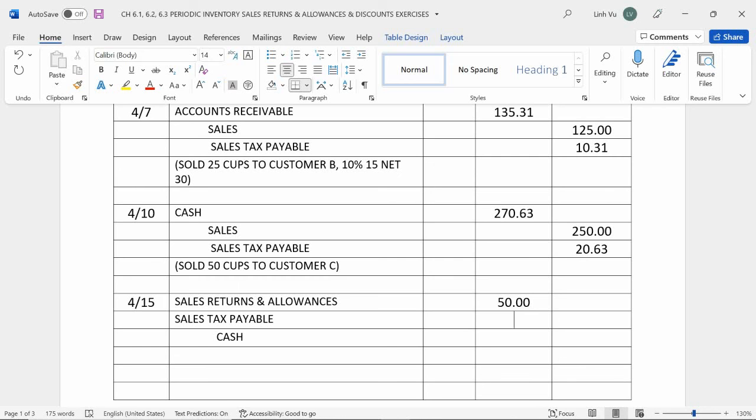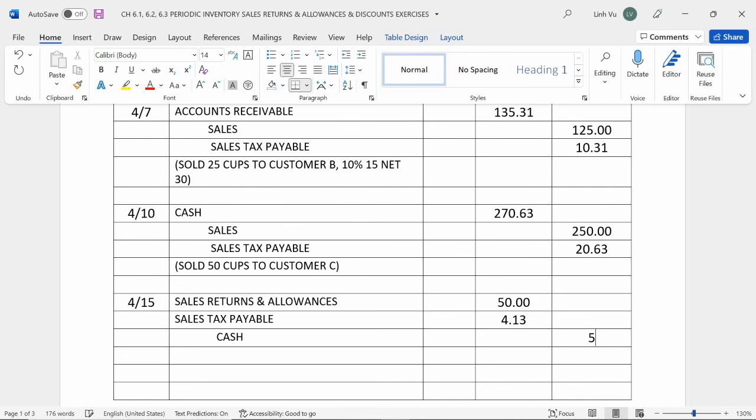Now, out of those $50, how much sales tax money am I going to be giving back? $4.13.